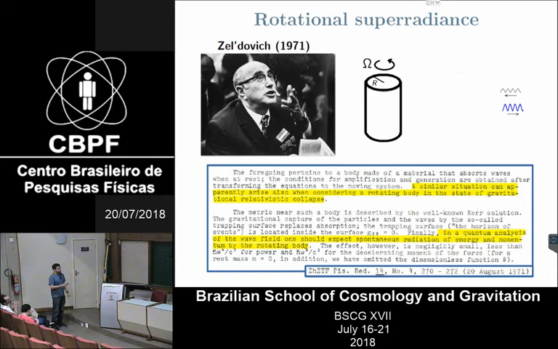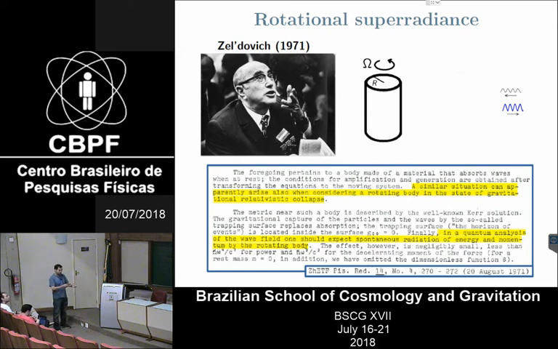When Zeldovich did this work, he mentioned that a similar situation can apparently arise also when considering a rotating body in the state of gravitational relativistic collapse. So he was predicting that you could have the same kind of thing in black holes.